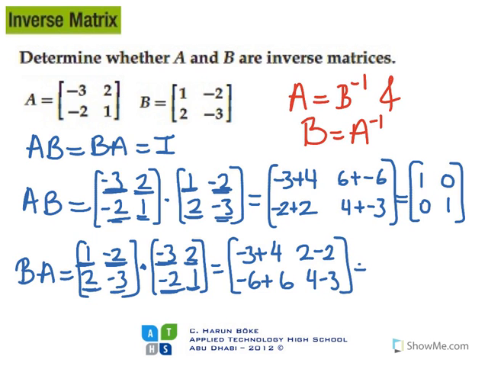And if we do the additions and subtractions, we will have 1, 0, 0, 1, which is an identity matrix.